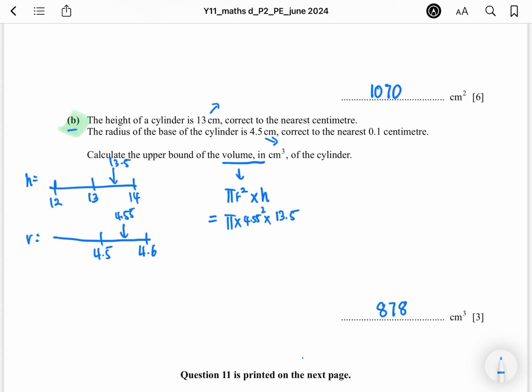And you should get 878.0240958. Three significant figures, 878.